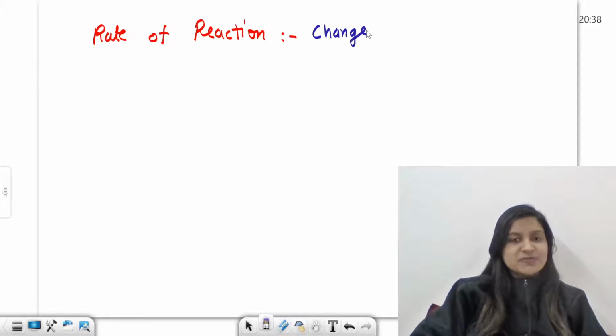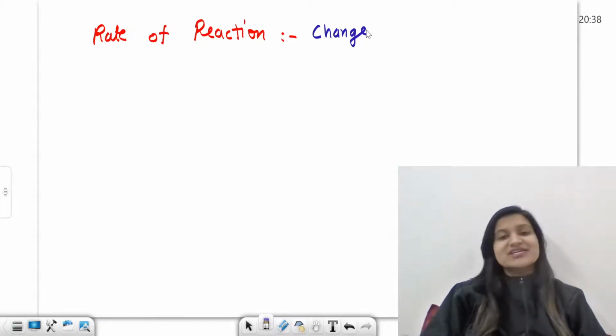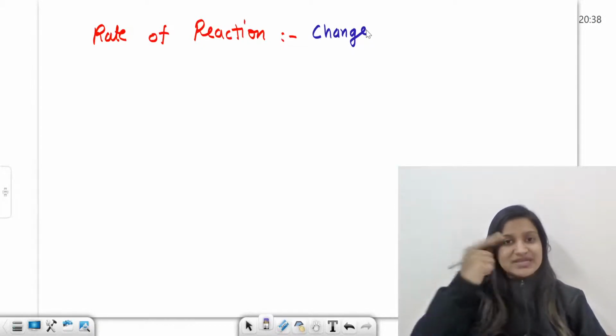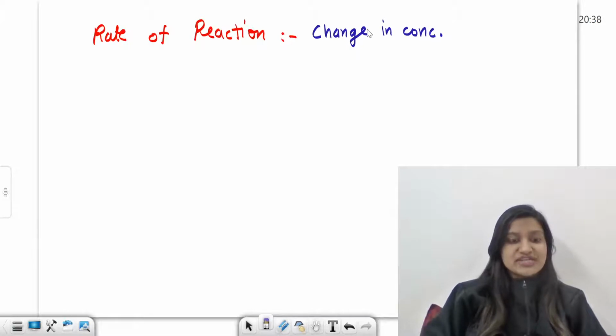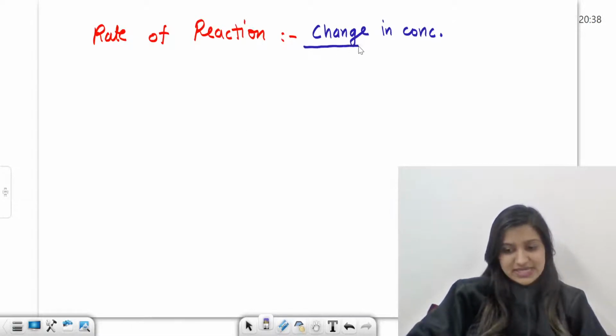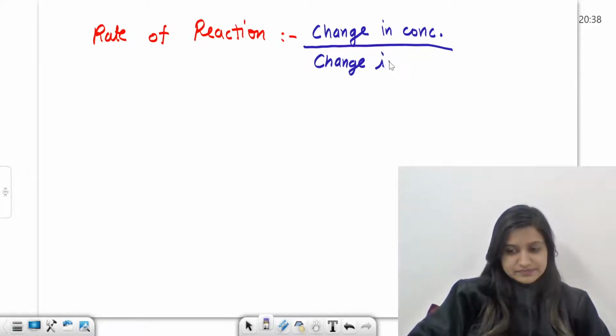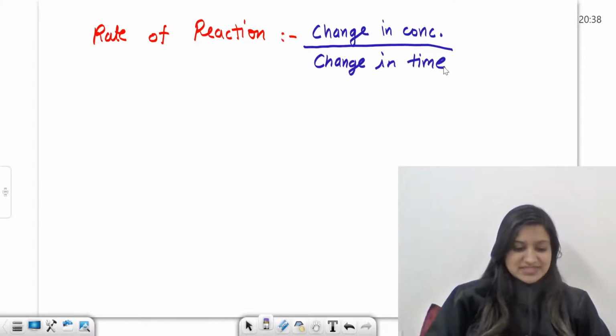The way in the speed of a car we saw change in distance, but in this case we are writing change in concentration over change in time. This is what your rate of reaction means.